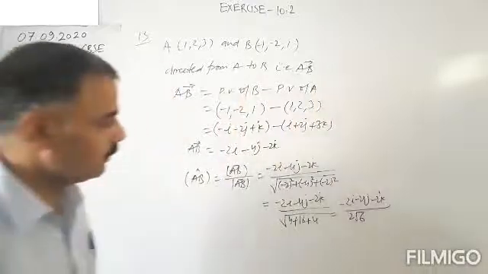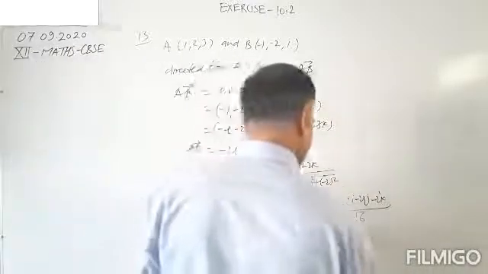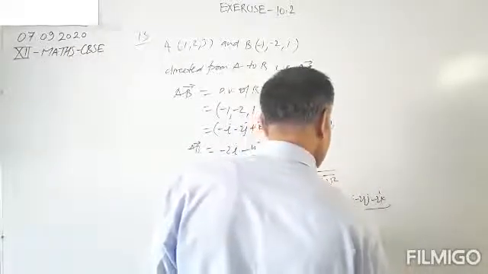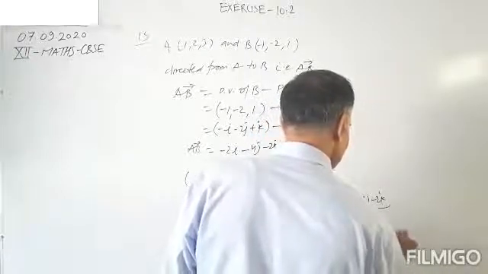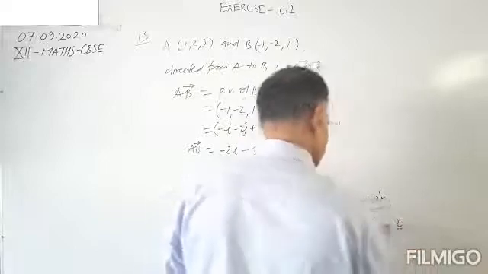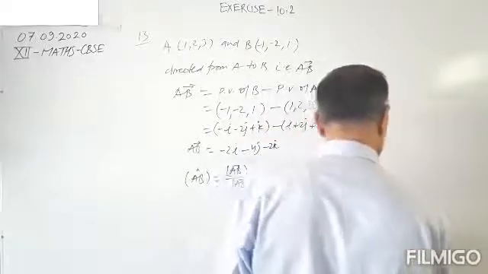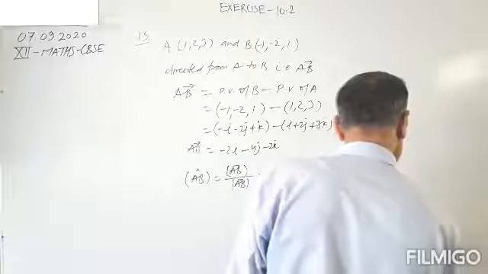Okay, so the components are -2/(2√6) i cap, -4/(2√6) j cap, and -2/(2√6) k cap.